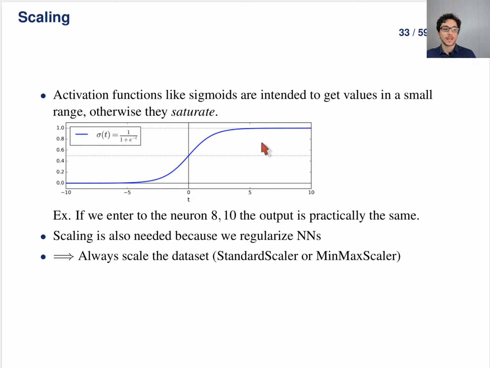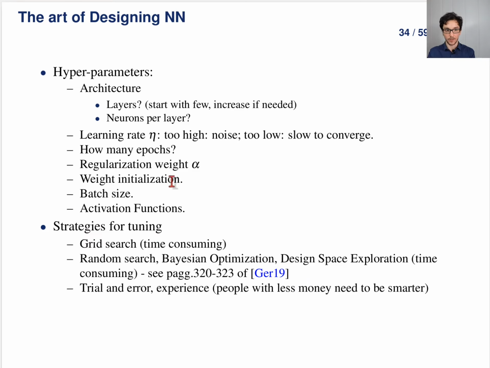For instance, if you take a sigmoid like this, and you give as inputs values in the range between -1 million and 1 million, you will actually have as a result either 0 or 1. So you are losing the smoothness of the sigmoid. You are not exploiting it. So it is always advisable to scale your dataset.